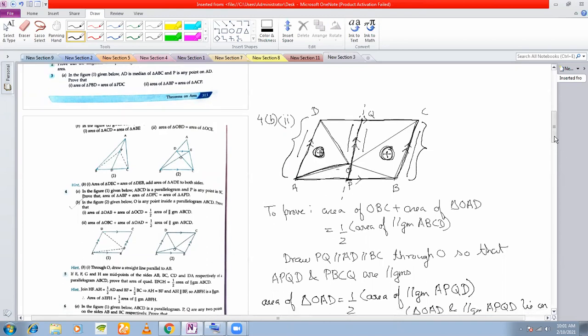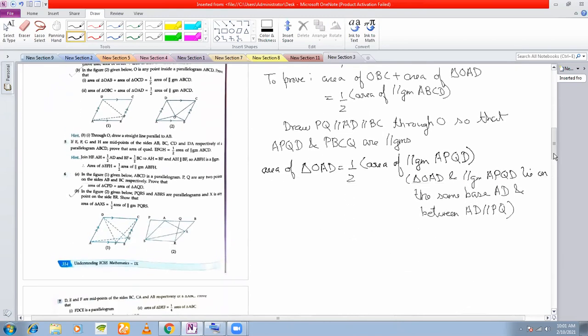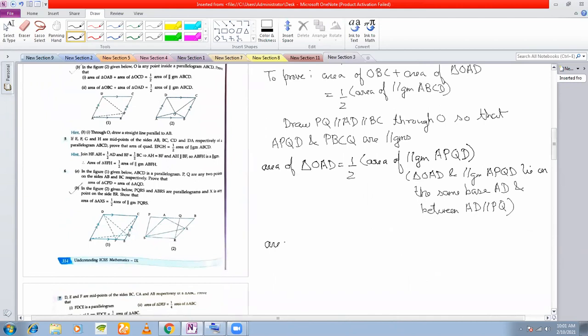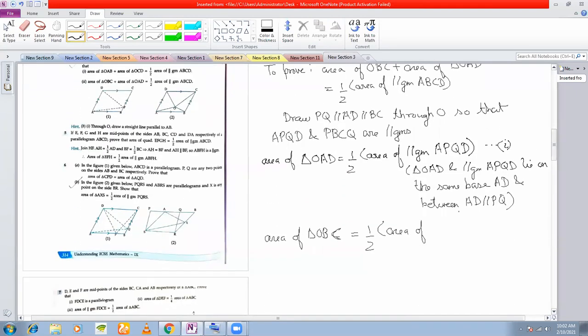We will write area of triangle OBC, let's call this 1, is equal to half area of parallelogram PBCQ. This is number 2.